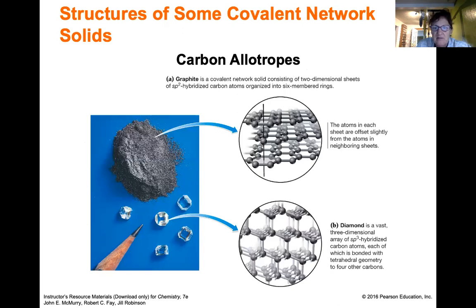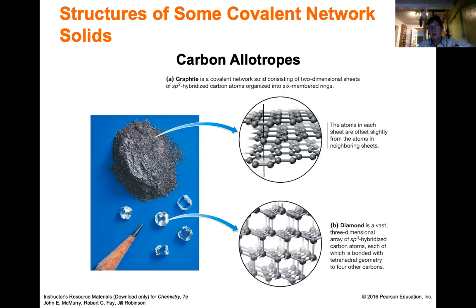Okay, good. These are some of the pictures that I wanted you to see. The top one is of graphite, where it's not too easy to see in this picture, but you have many sheets. Within those sheets, the carbons have sp2 hybrid orbitals. The sheets are flat, and then there are London dispersion forces holding them to another sheet.